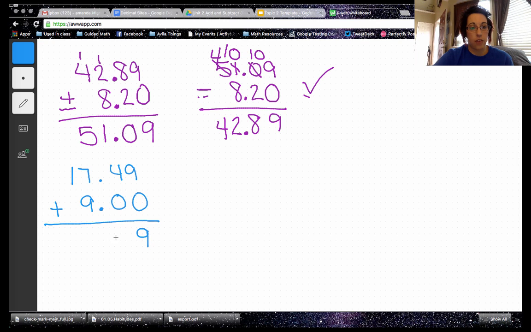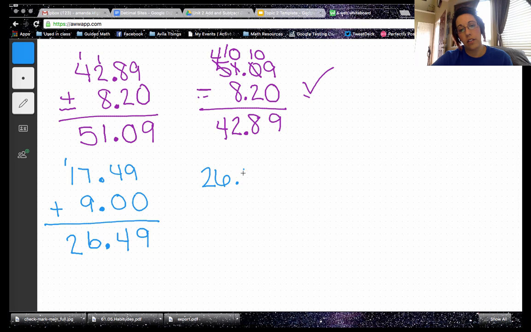Bring our 9 down, bring our 4 down. 7 plus 9 is 16. 6 comes down, regroup. 1 plus 1 is 2. Decimal, decimal, decimal. Check our work.